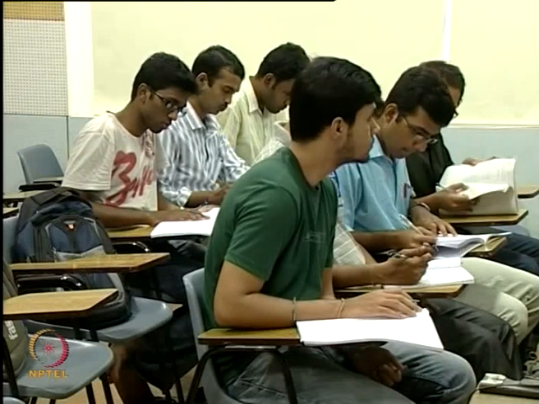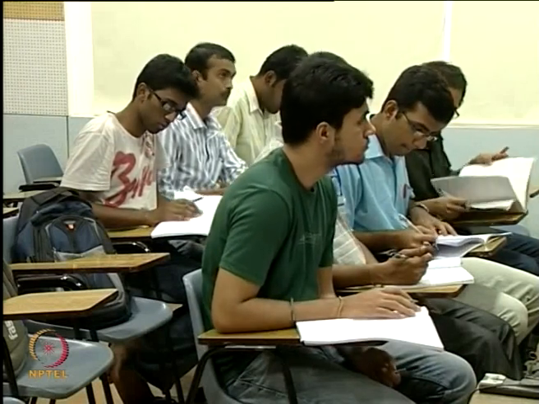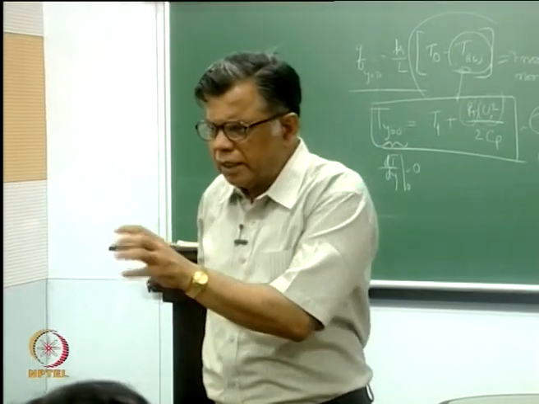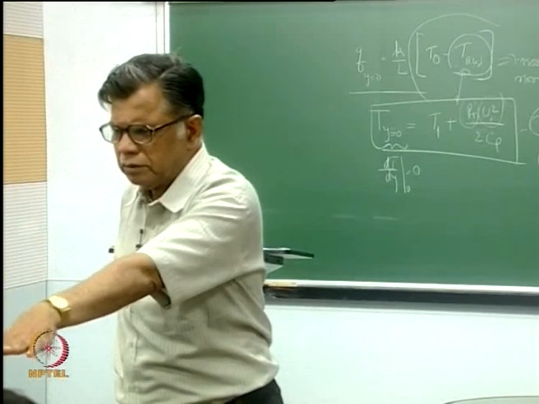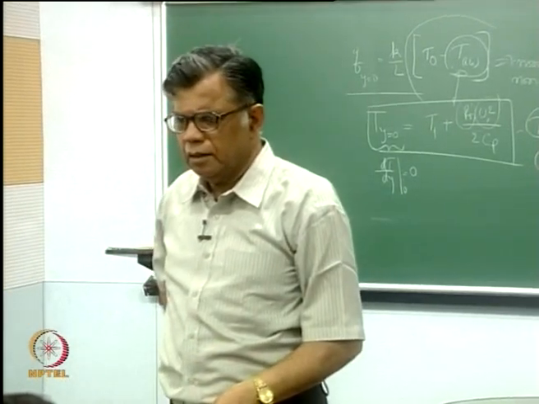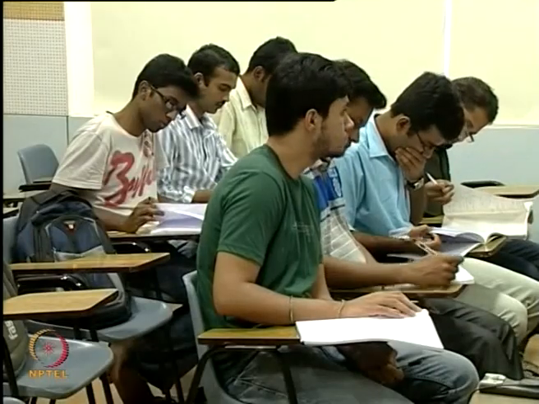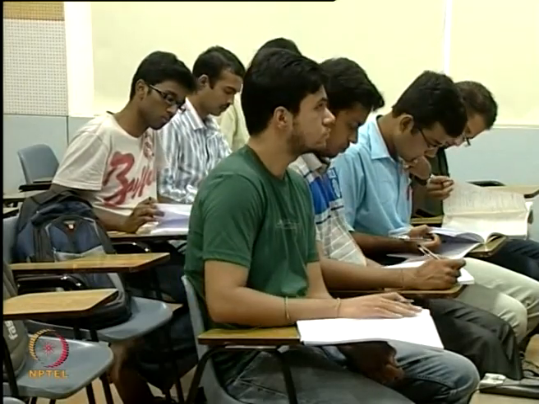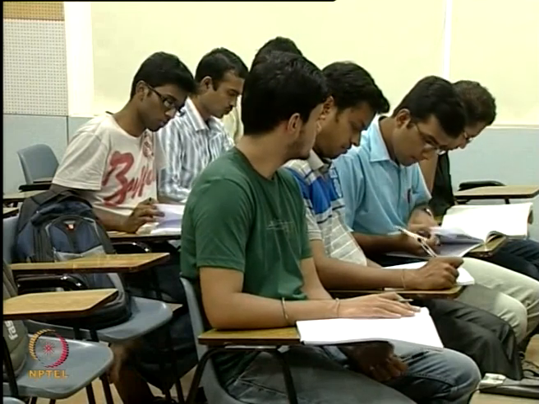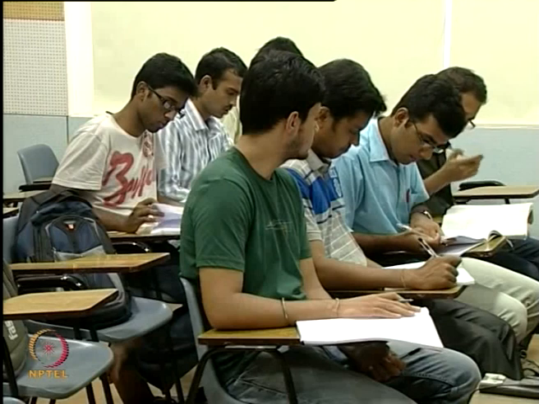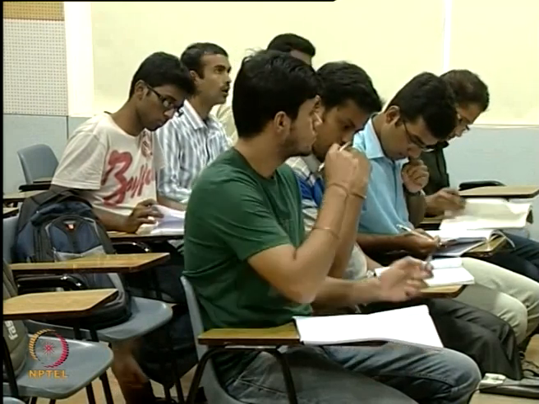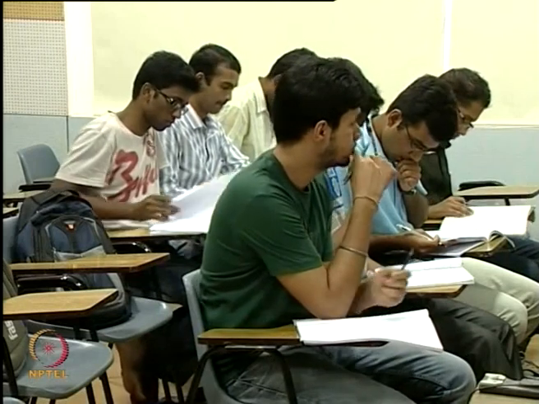You got T_AW minus T infinity divided by U infinity squared by 2 Cp equal to R. That R equal to what for that particular situation? I am sure you have that value there. From your notes. In terms of what will you find the value of R at least?